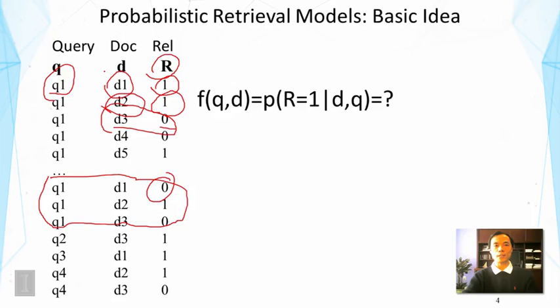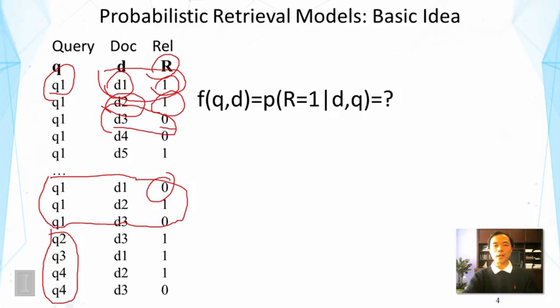In contrast, here we see it's relevant. Or this could be the same query typed in by the same user at different times. But D2 is also relevant, etc. And then here we can see more data about other queries. Now we can imagine we have a lot of such data.